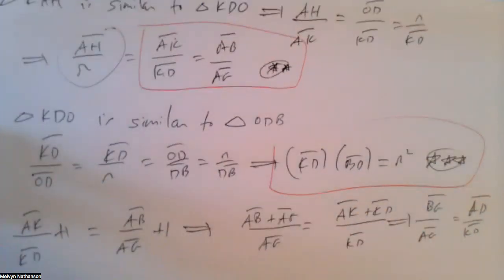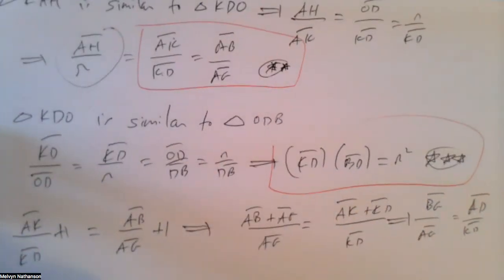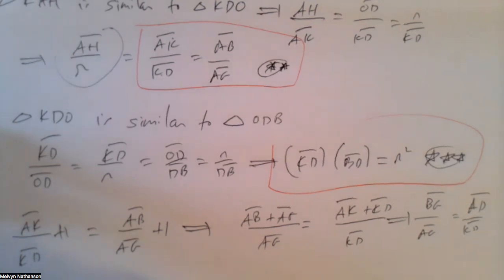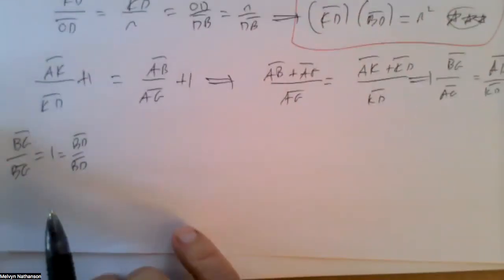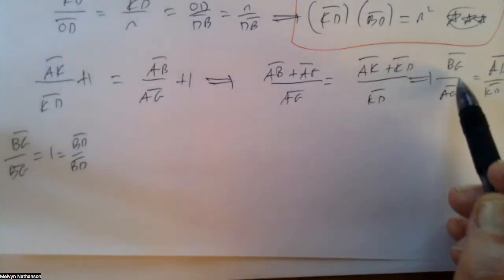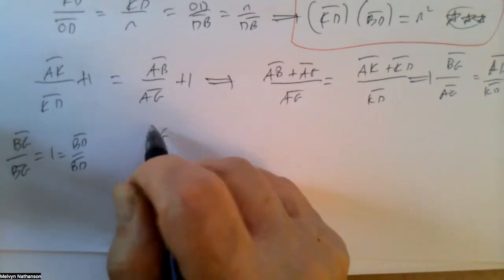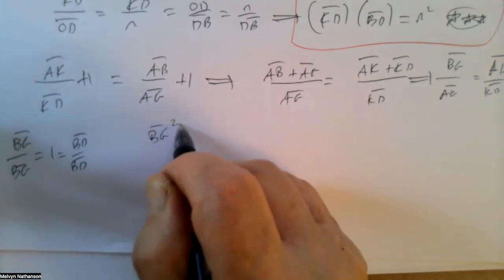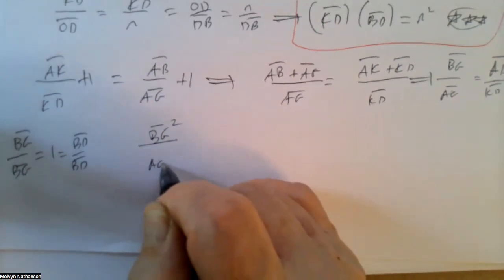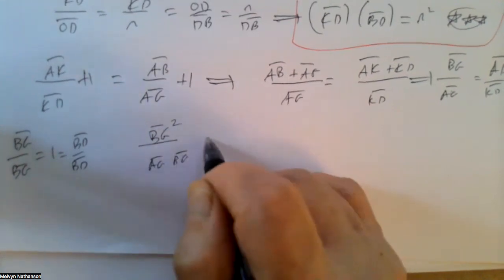So you can always multiply by 1. The distance from B to G divided by the distance from B to G is 1, and also the distance from B to D divided by itself is 1. So we have this sort of trivial identity. So if I take this and multiply top and bottom by BG, I get BG squared over AG BG.